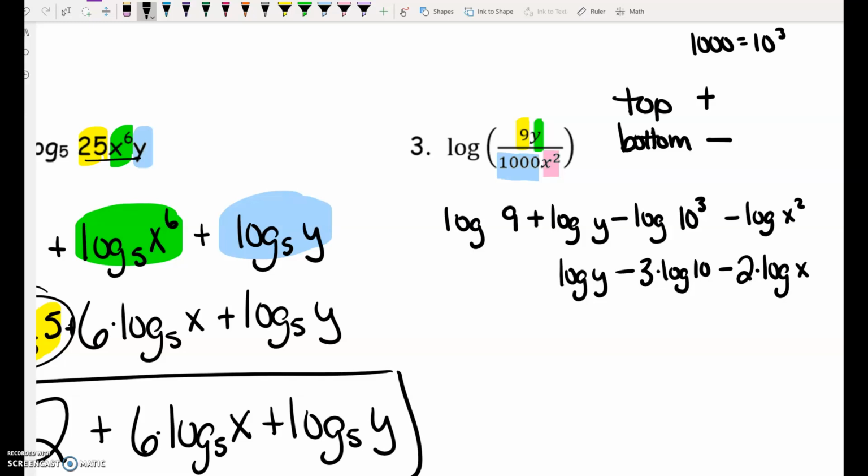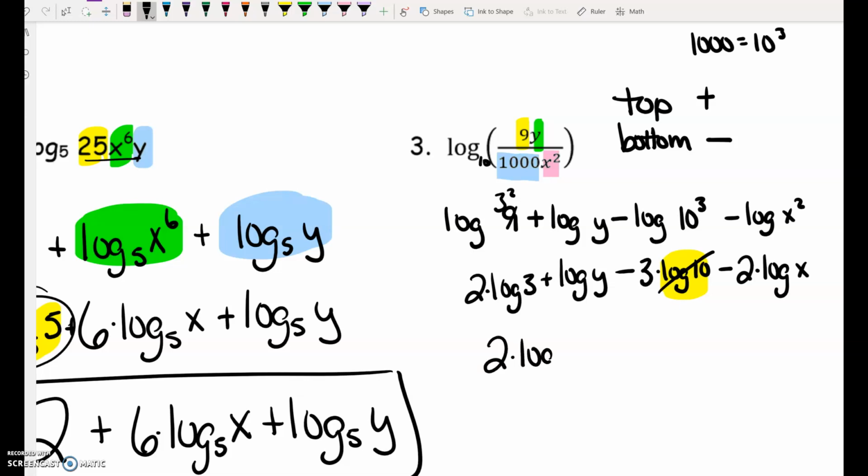And if you really want to get particular, 9 is the same as 3 squared. So this is 2 times the log of 3. Okay. Do you see how there's no base here? Anytime there's no base, it's base 10. So right here we have log base 10 of 10. That's going to cancel itself out.